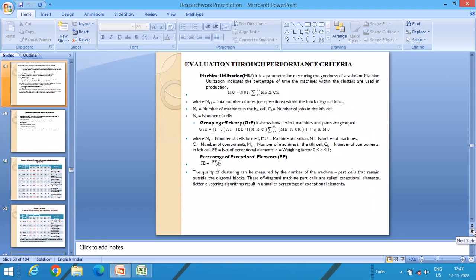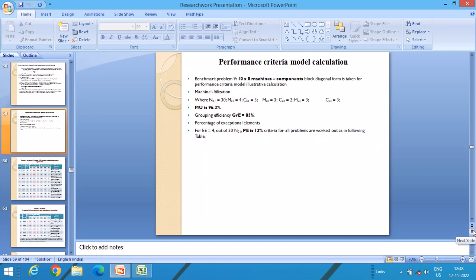So we have calculated performance criteria, that is machine utilization, grouping efficiency, as well as percentage of exceptional elements. Machine utilization and grouping efficiency prove the machine cell utilization, as well as the perfectness of clusters. If there are few or no exceptional elements, then the clusters are said to be perfect clusters.